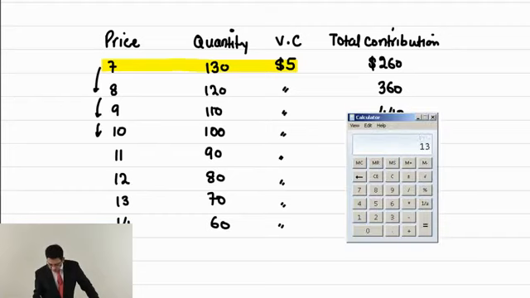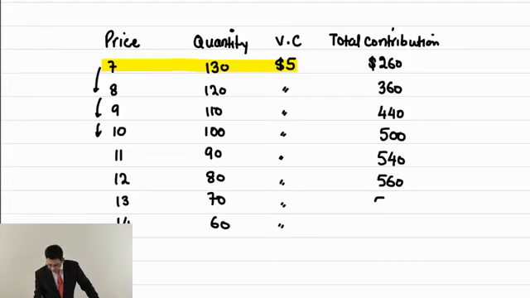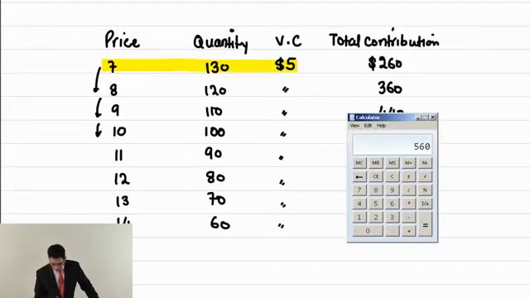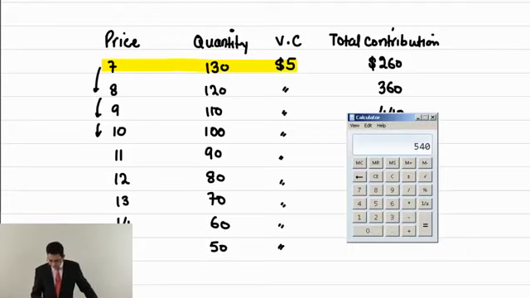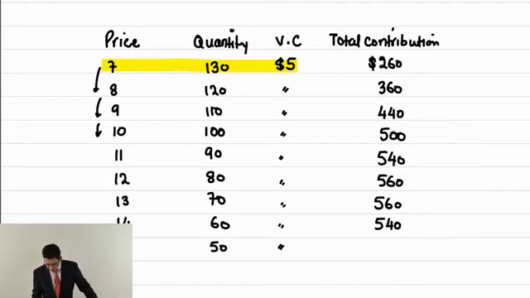And then 13 minus 5 into 70, which is 560. And then 14 minus 5 times 60 is 540. And let me do one more. If the price went up to 15, units went down to 50, variable cost remains the same. 15 minus 5 times 50, it comes to 500.